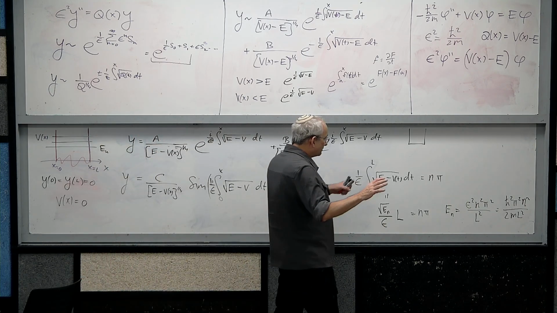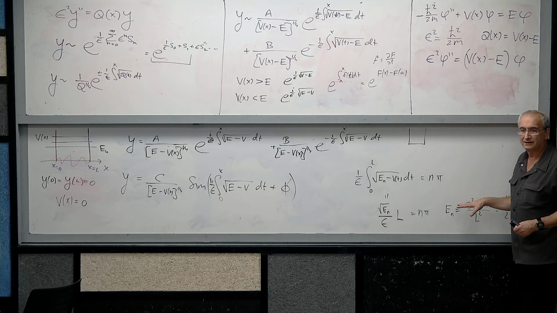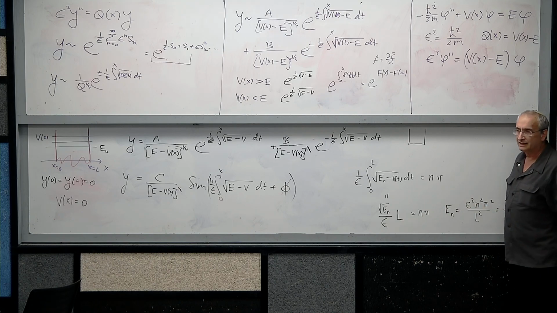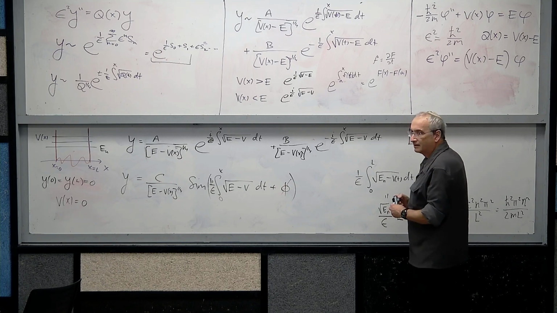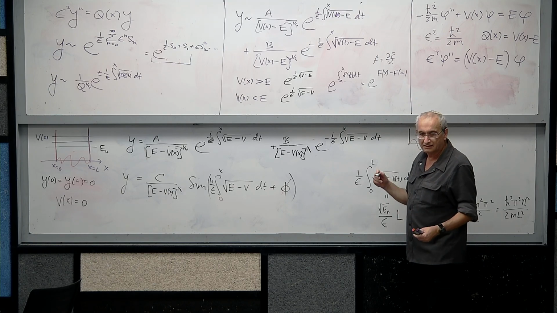So first of all, this miracle that it's exactly the eigenvalues is a miracle. By and large, if you put here some potential like that, and you calculate the energies, you find energies that are not exactly the correct ones.